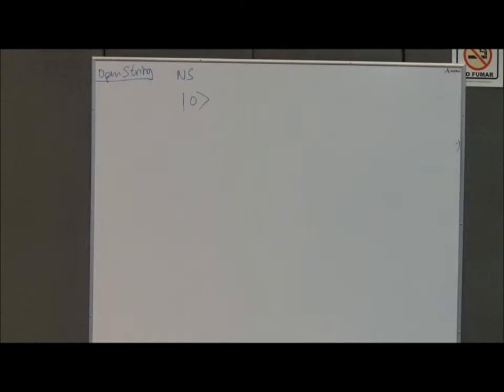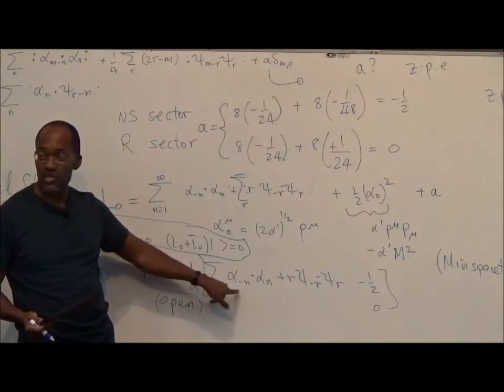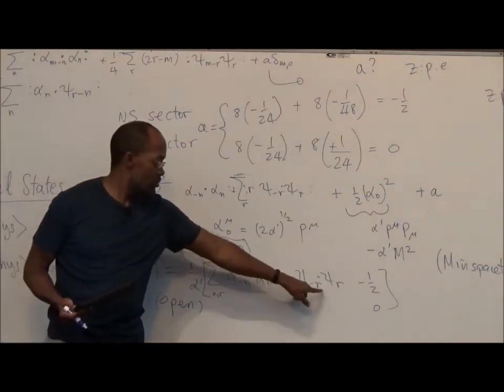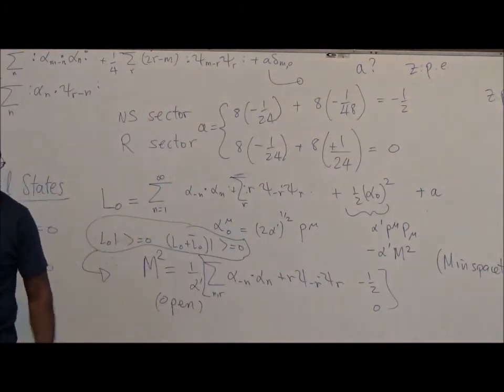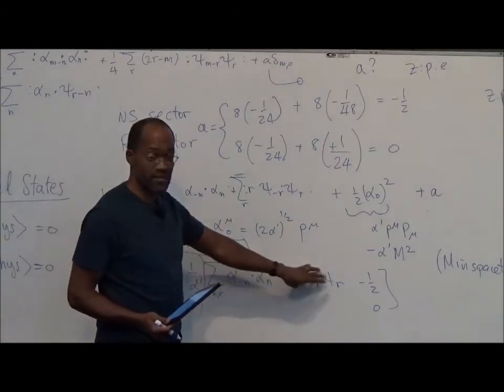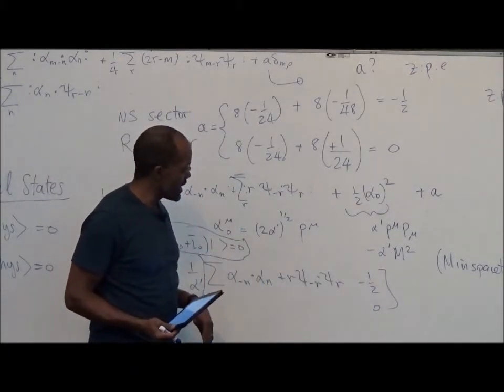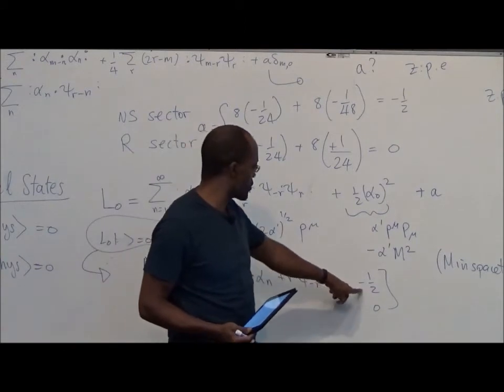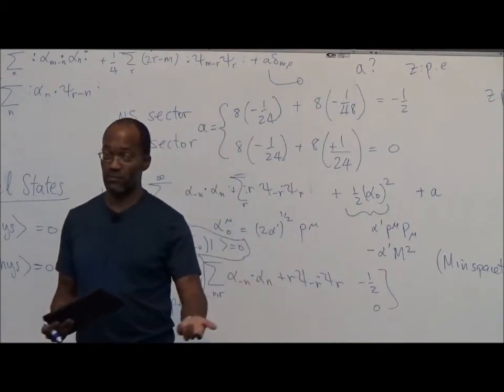If you think about it, this is just a number operator. It's saying how many bosonic oscillators I have turned on, how many fermionic oscillators I have turned on, with a weight. I've turned on no oscillators, so these don't give me anything, and my mass shell condition would be telling me that I have a tachyon.